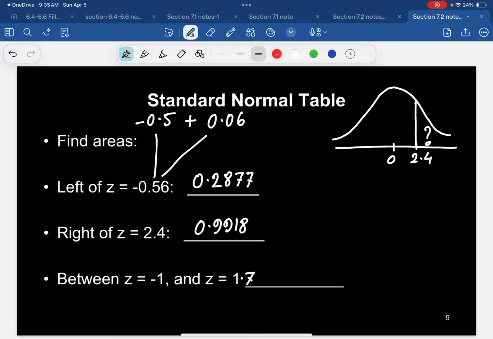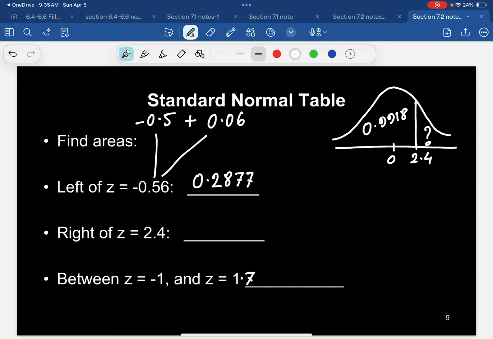But remember guys, the z table only gives us the area to the left of some number, not to the right. That's why this is actually wrong, because they ask us to find the area to the right, not the left. The table gives us the area to the left. So the table gives us this part, which is 0.9918. That is from the table.